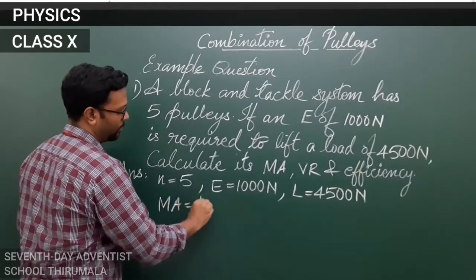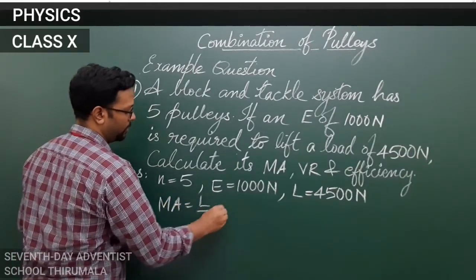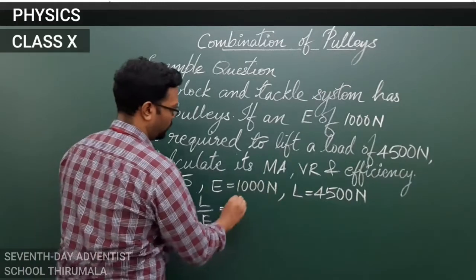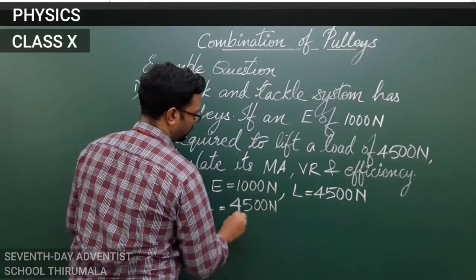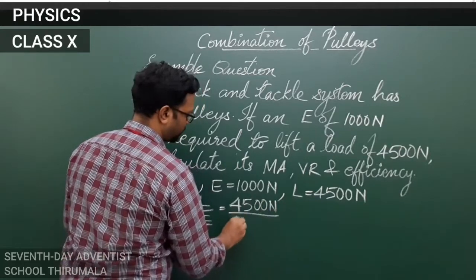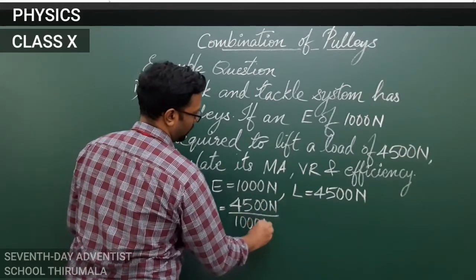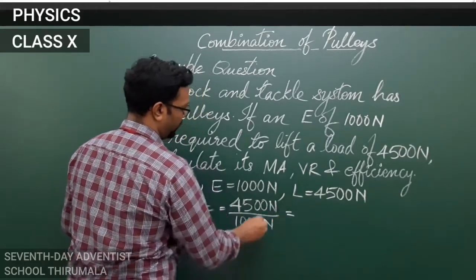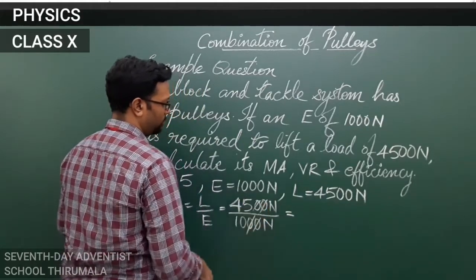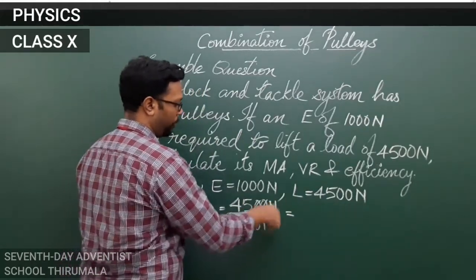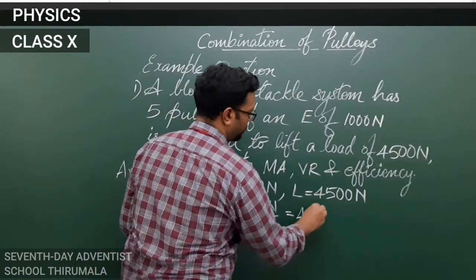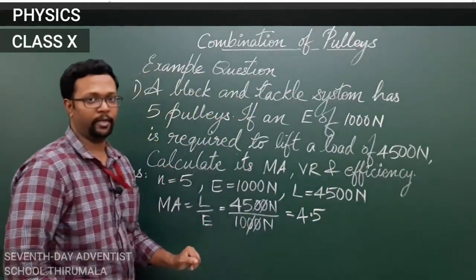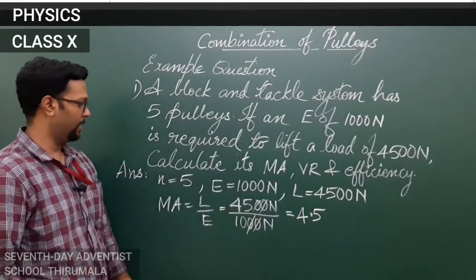Mechanical advantage is equal to load by effort, which is equal to 4500 Newton divided by 1000 Newton, and what we get is 2 zeros are cancelled and Newton also gets cancelled, and we get 4.5 as the mechanical advantage. 4.5 is the mechanical advantage.